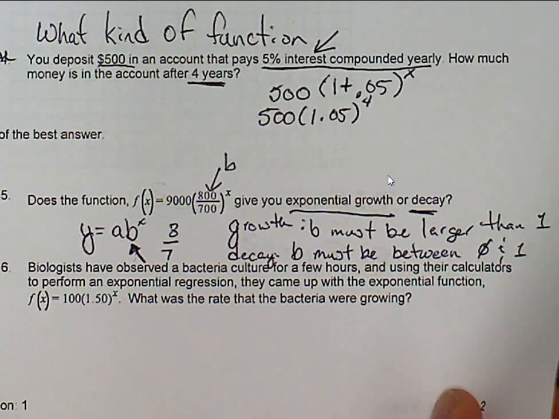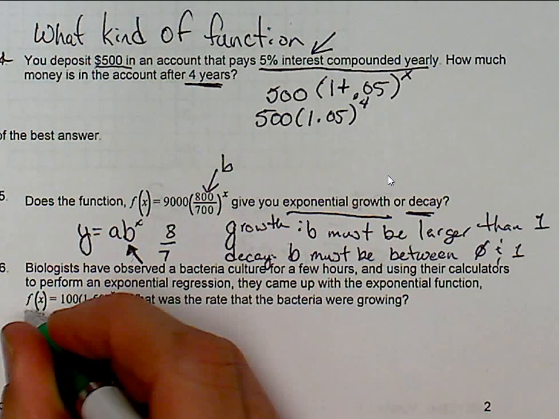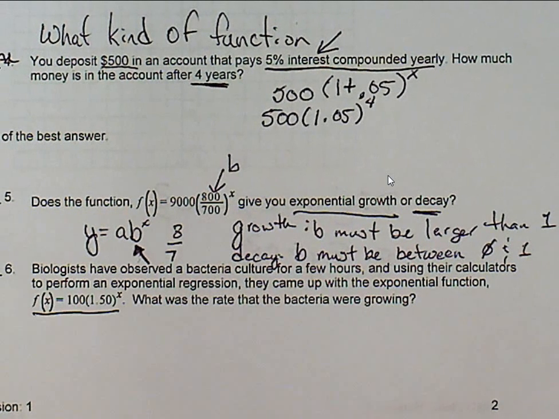Number 6 says biologists have observed a bacteria culture for a few hours, and using calculators to perform an exponential regression, they came up with the exponential function, and it gives us the exponential function right here. What is the rate that the bacteria were growing?